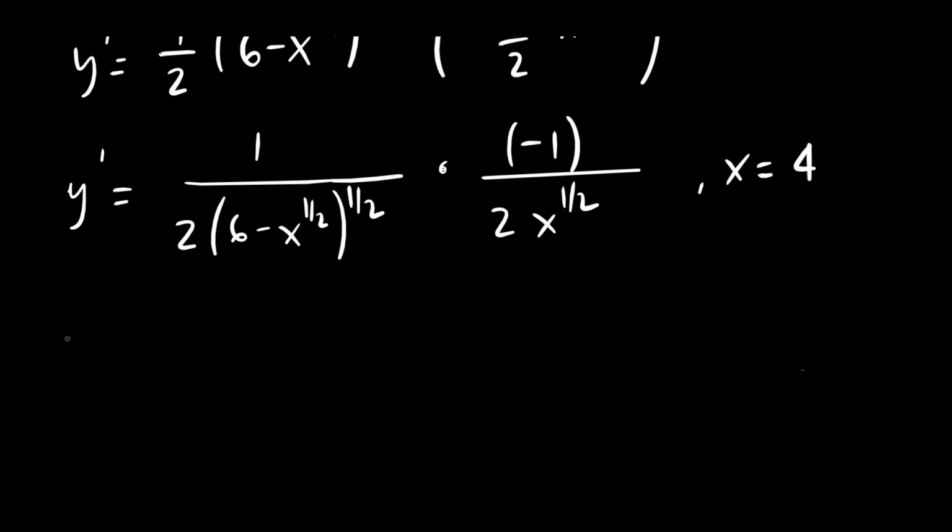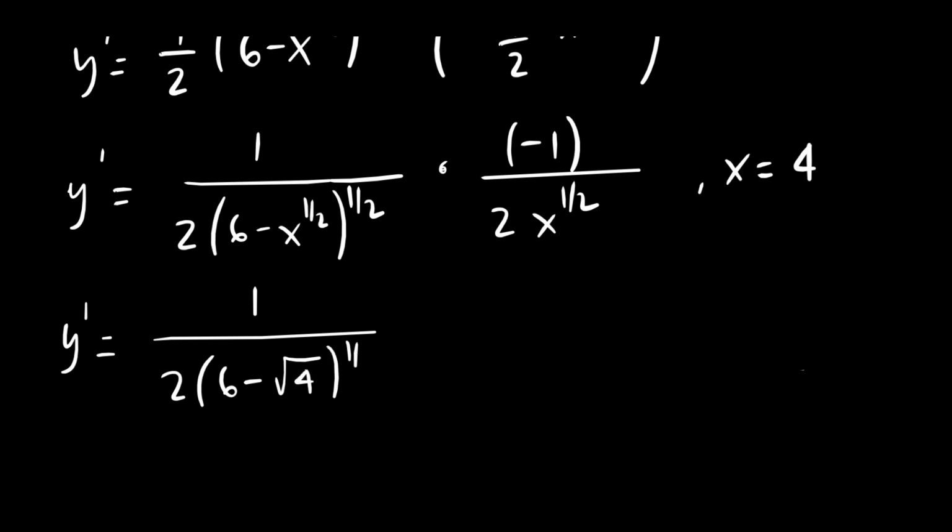substitute 4 to x. So y prime is just equal to 1 all over 2 multiplied by (6 minus square root of x), which is just equal to square root of 4, raised to the power of 1/2, multiplied by negative 1 all over 2 multiplied by the square root of 4.